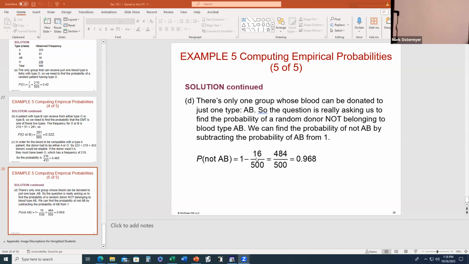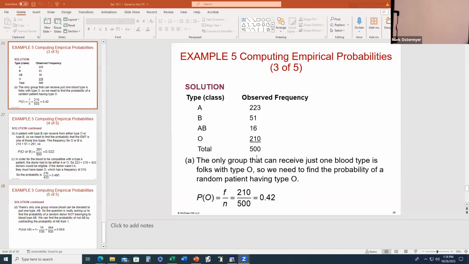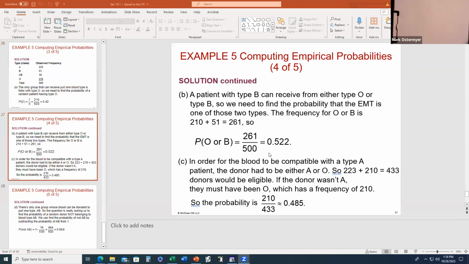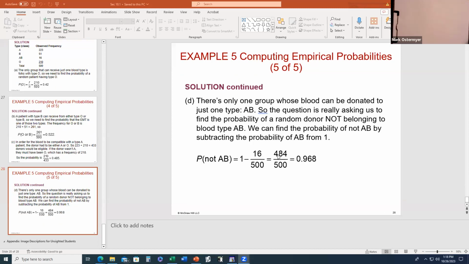And how many type AB donors do we have? I think there were 16, is that correct? 16 out of 500. Subtract that from 1, or 500 over 500, and you get 484 out of 500. About a 97% chance of not having a type AB donor. Okay.